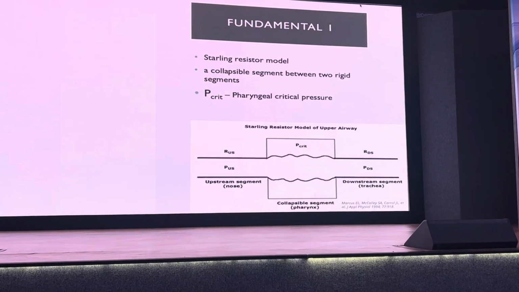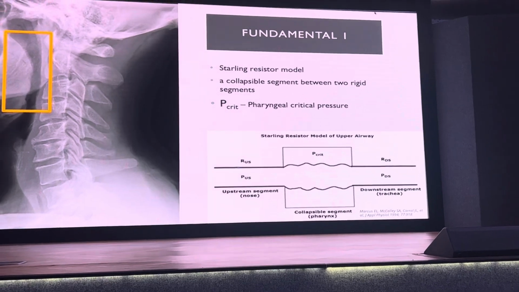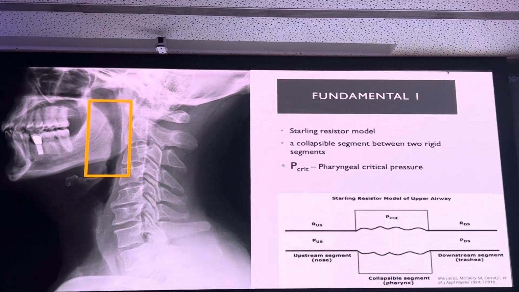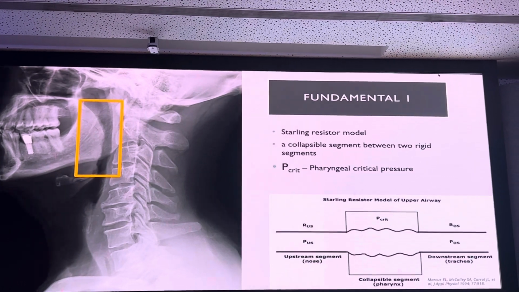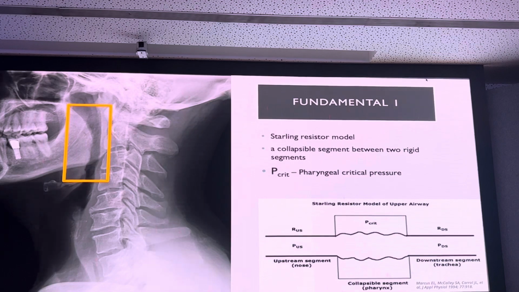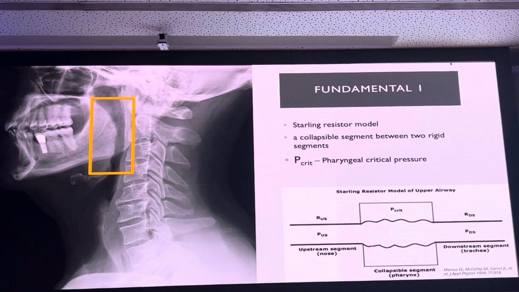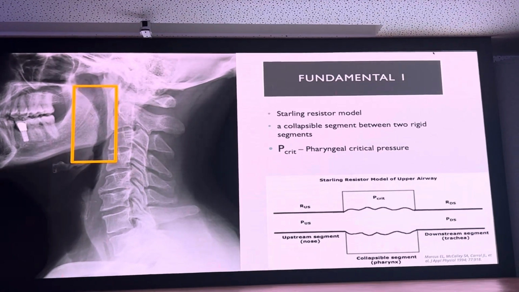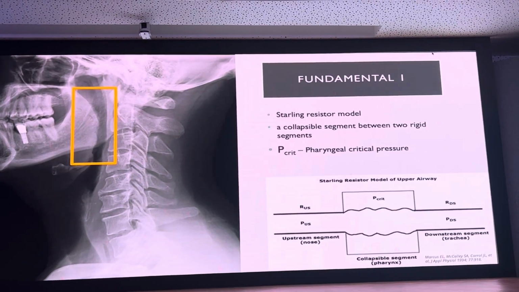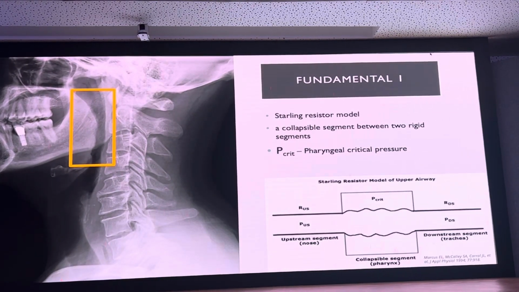The collapsible segment here is the oropharynx, which lies between the rigid segment number 1, which is the nose, and the rigid segment number 2, which is the trachea. The pharyngeal critical pressure is the pressure at which this collapsible segment collapses, and the same pressure when given from inside will help this segment to open.